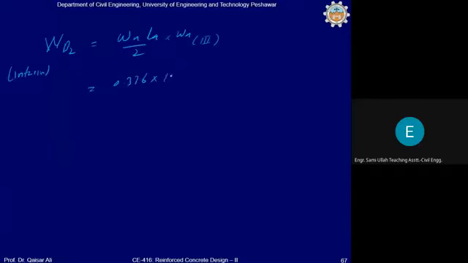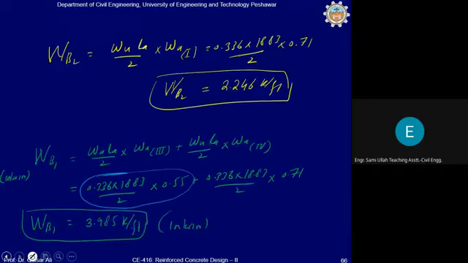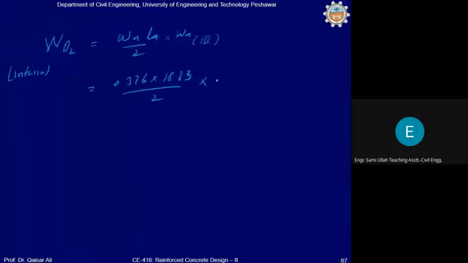0.336 multiplied by 18.83 divided by 2 multiplied by WA, which is 0.55. Calculate it, well done. 1.74. 1.74 kip per foot.